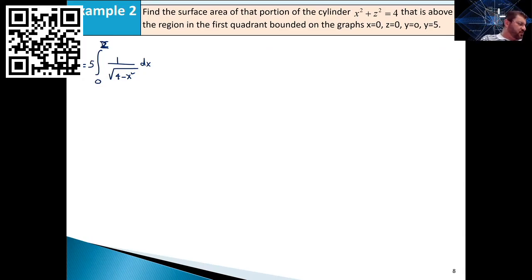All right, so I'm going to use the textbook here where I'm looking at the integration of, let me see if we can find it. Yeah, here it is.